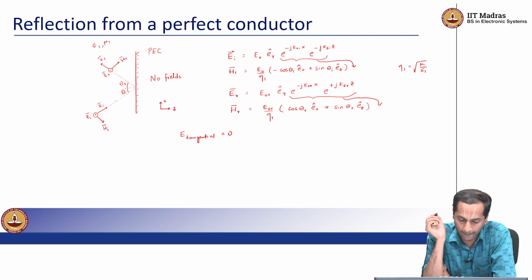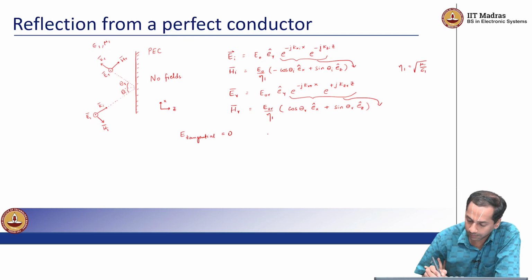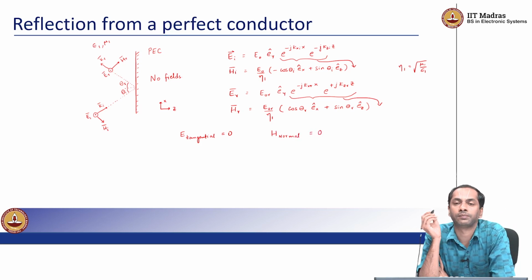Similarly, the normal component of the magnetic field is also 0. We don't look at the other counterpart, so we don't look at the electric field that is normal, or the magnetic field that is tangential or parallel to the boundary.